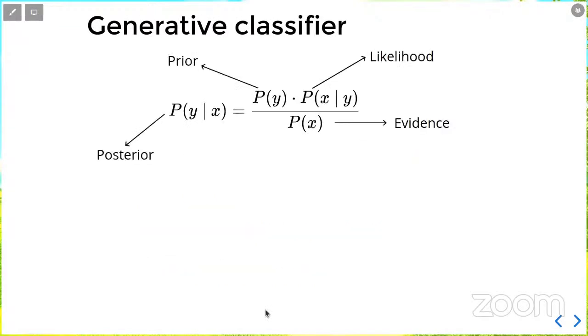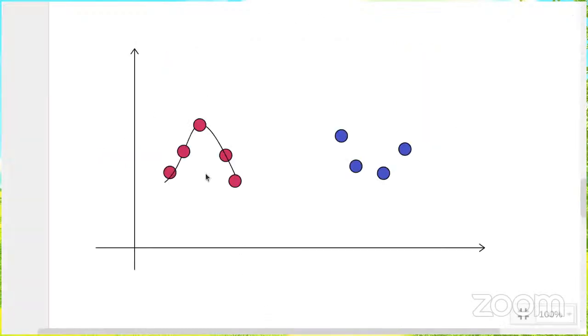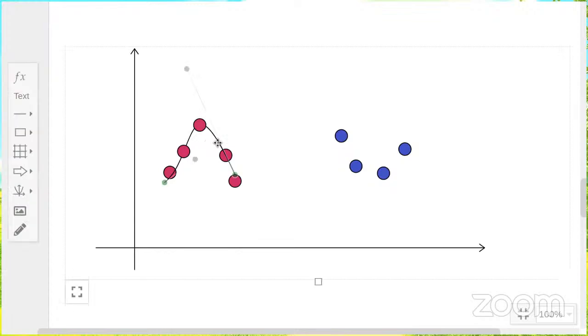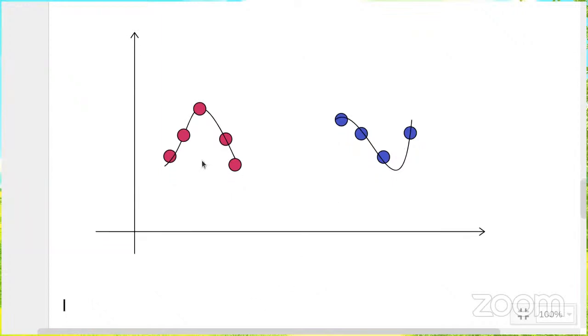Now, once you have learned a model for a given class, say I have learned 2 models, the other model will look something like this. Assume that it looks something like this. Now I have learned 2 different models for these 2 classes.